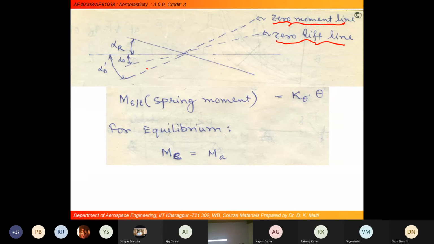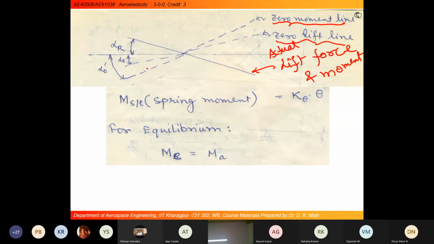And this is the line with the actual lift force and moment.